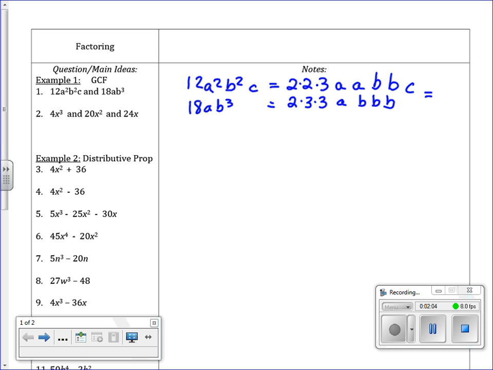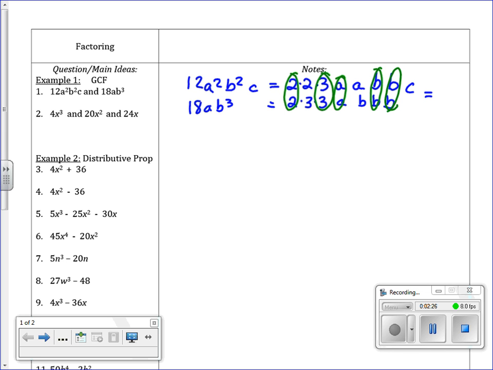In order to find the greatest common factor of these two terms, I'll match them up. Let's see, I have a 2, I have a 3, okay? The 2 and 3 aren't in common, so I don't circle those. I have an a, I have a b, and another b.